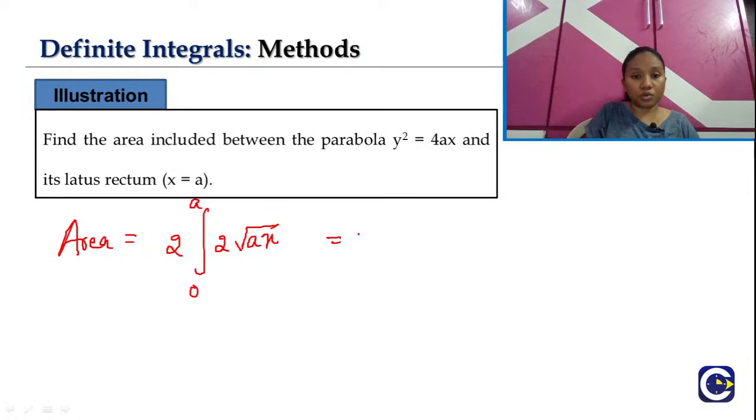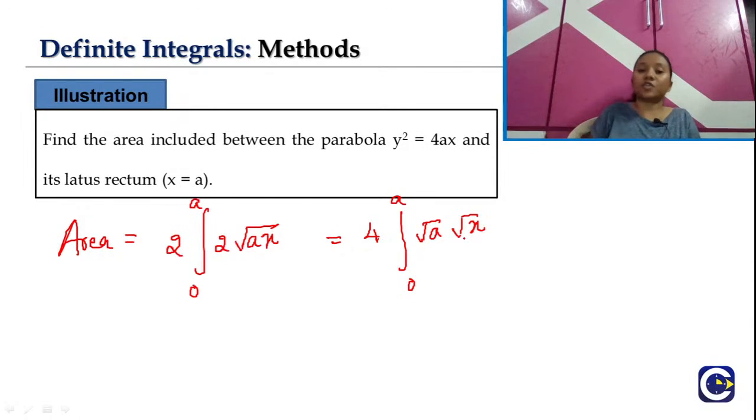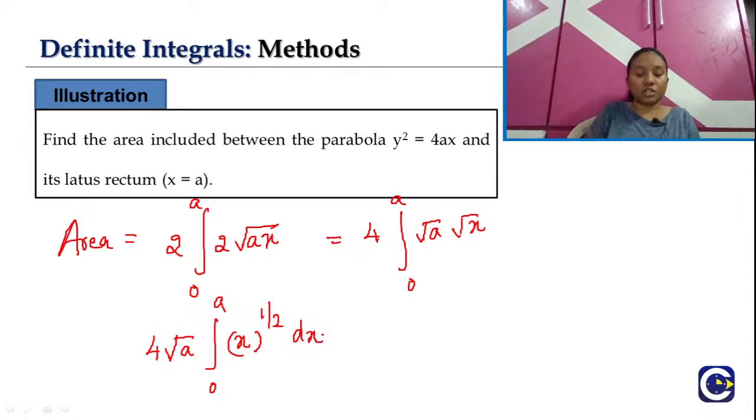And 2 can be pulled out, so it will be 4 integration 0 to a of root a and root x. Again, root a can also be pulled out because that's also a constant. So it will be 4 root a integration from 0 to a of root x, which can be written as x power 1 by 2 dx. So this is the integration part which we have to do.